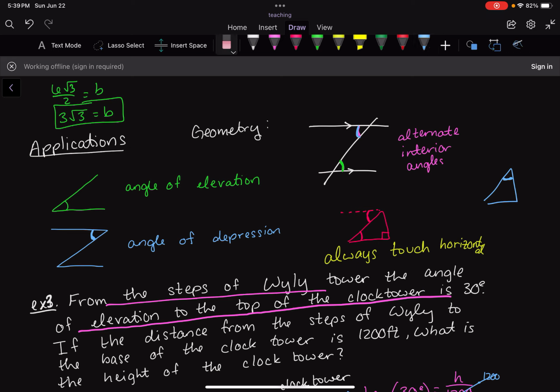What we should do in a case like this, if we're given the angle of depression, is we need to draw kind of this invisible line up here. This is the angle of depression, and then also this would be the angle of depression. Well, what it's equivalent to, which is the angle of elevation. So just something to think about. Make sure your angle is always touching the horizontal, never ever the vertical.